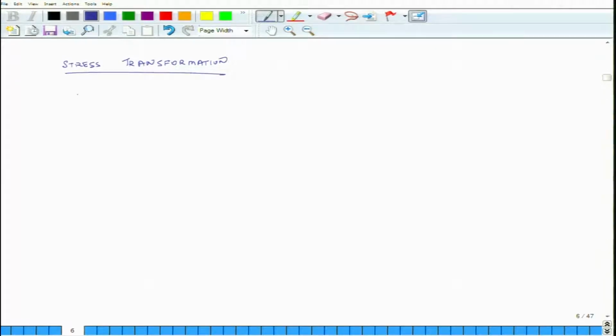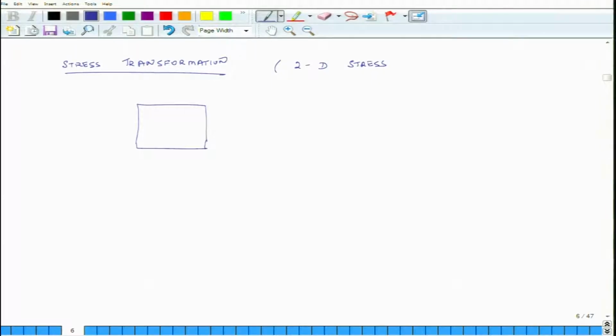So, suppose I have a rectangular block or rectangular, let us say, plate. So, this is a rectangular plate, so it is thin. This discussion will be for 2D stress state, because in context of composite laminae, individual layers, the thickness is very small.